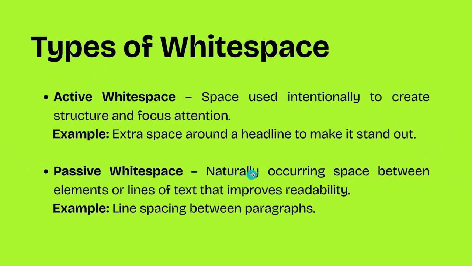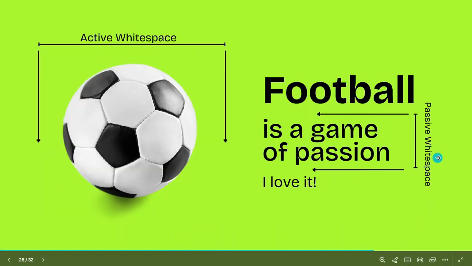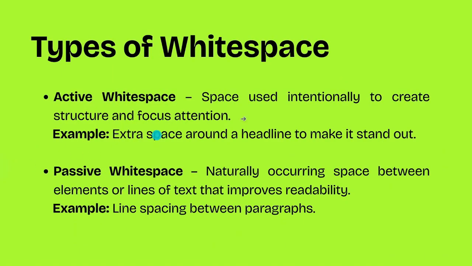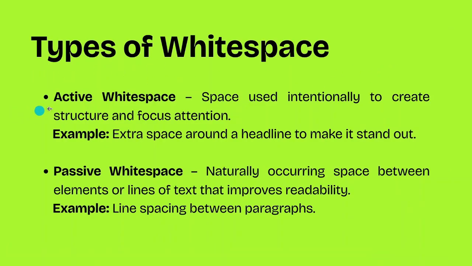Then we have the passive white space. Passive white space is the naturally occurring space between elements or lines of text that improves readability. Example, the line between paragraphs. Now if you notice this particular design, this presentation, I observed white space; I didn't compact the text together.